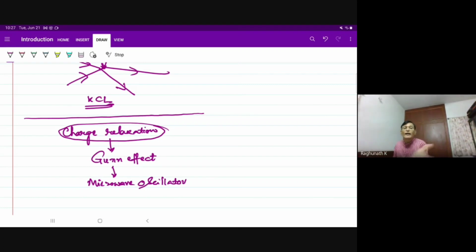Normal RC, LC oscillators and transistors, at so many megahertz will just act as a short circuit. It is actually a big challenge at very high frequencies, because I want to modulate a high frequency carrier, and from where will I get it? Very high frequency carriers are to be produced by using very high frequency oscillators.